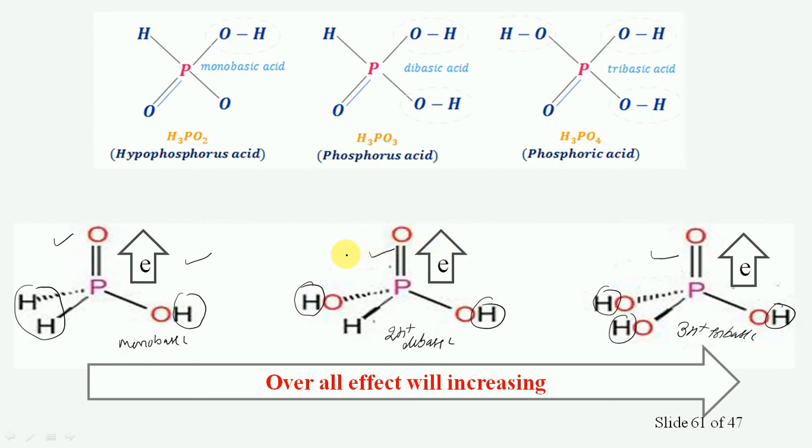And in this series, the number of unprotonated oxygens which influence the acidity is the same in all the three cases. The number of oxygens is the same, which will influence the acidic strength.